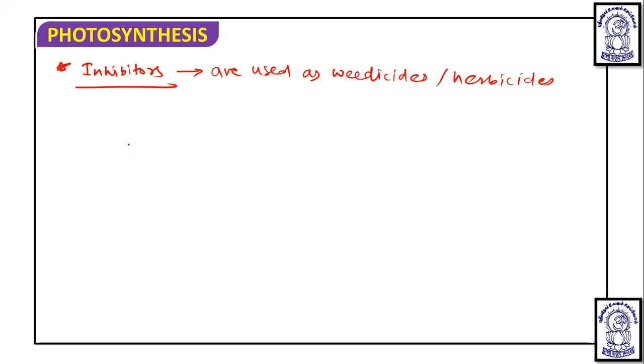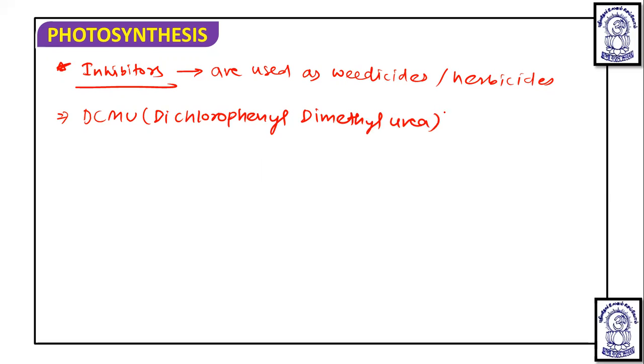In that, the first group is DCMU, that is dichlorophenyl dimethylurea, or we can say diuron.